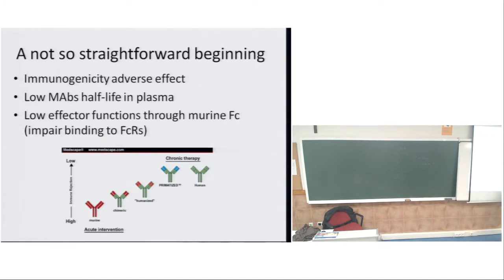The other thing is that this molecule made in mice can only be recognized by mouse immune cells. So there are low effector functions through the Fc receptor. The Fc portion of the antibody will be recognized by a cell expressing a receptor, the Fc receptor.